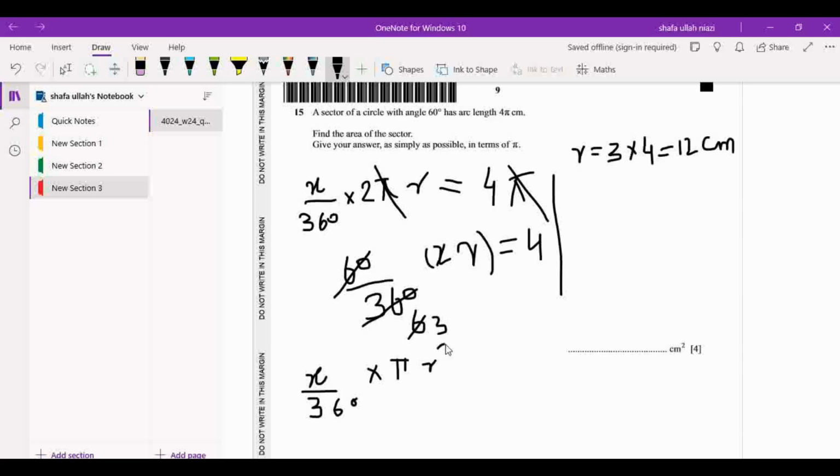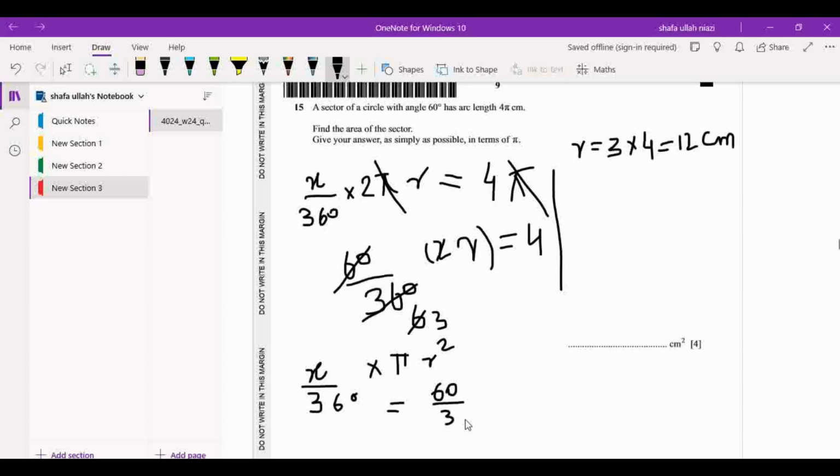Put the values here. X is 60, so put 60 over 360. We have to leave the answer in terms of pi, so we put 360 here, and then we have pi, and r square is 12 square, so it is 144 centimeter square.